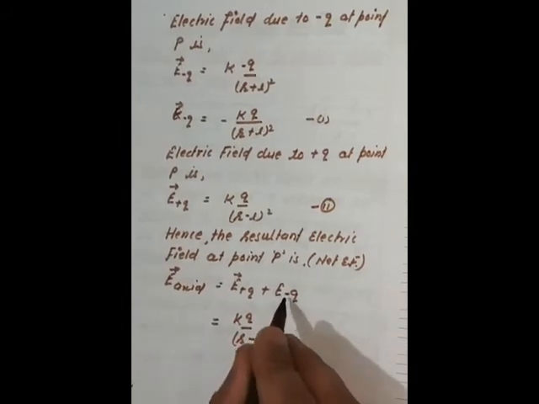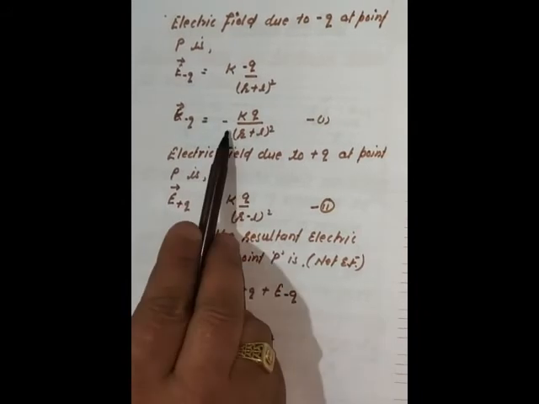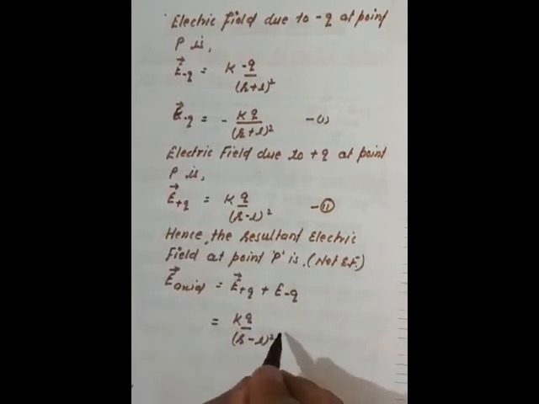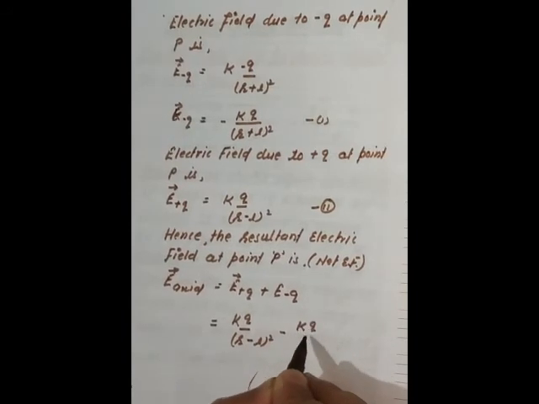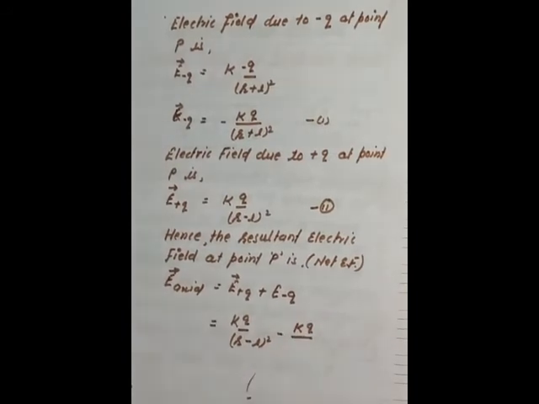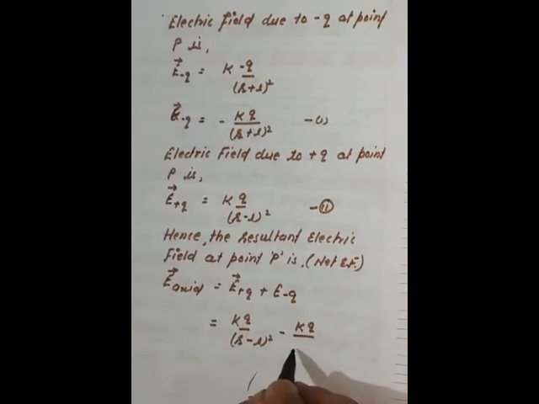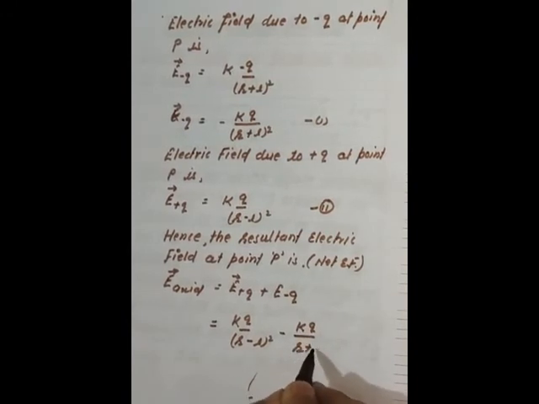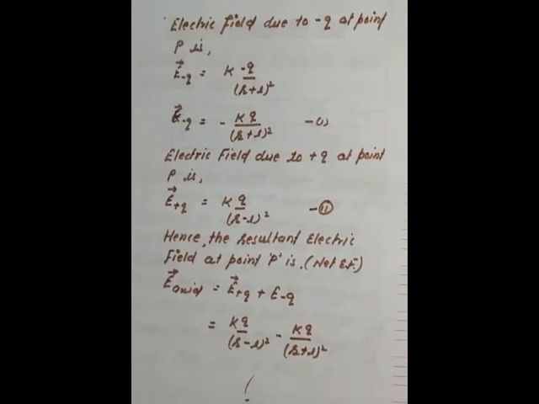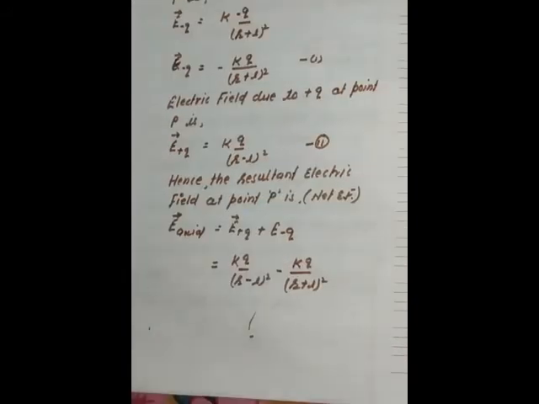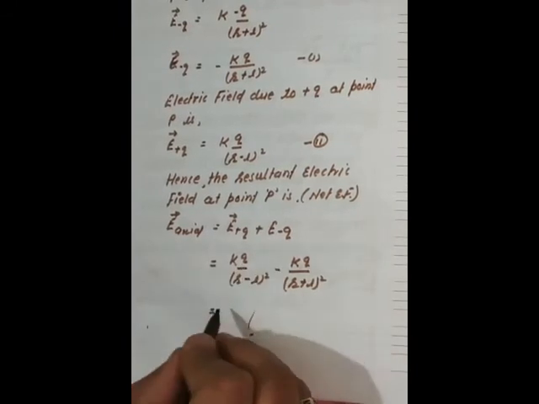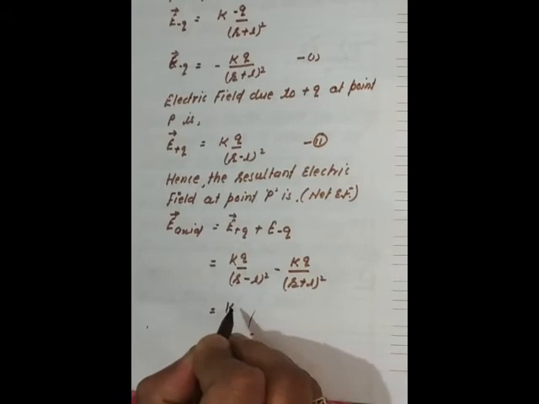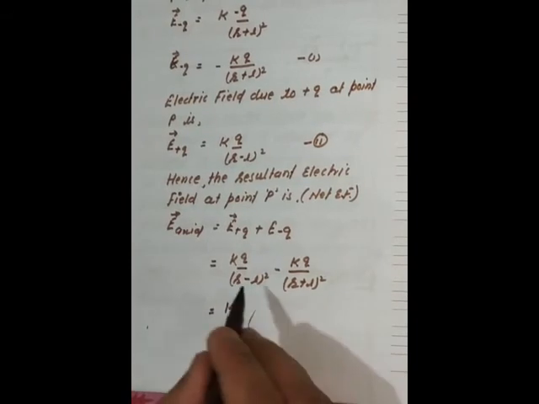For negative charge, it will be negative, so here negative KQ upon R plus L whole square equals to KQ will be common in both equations.